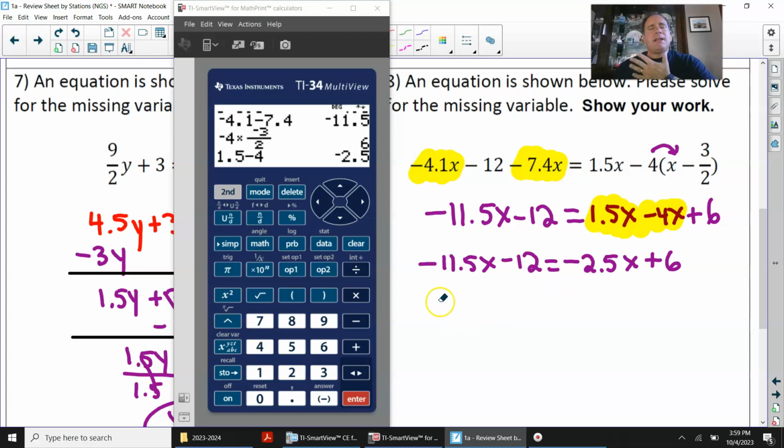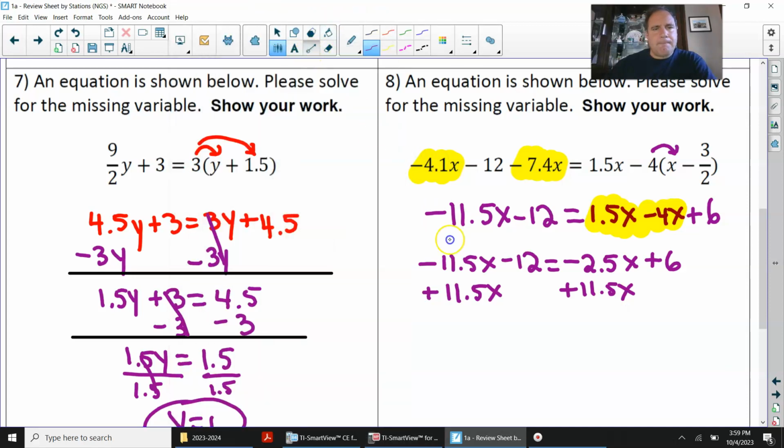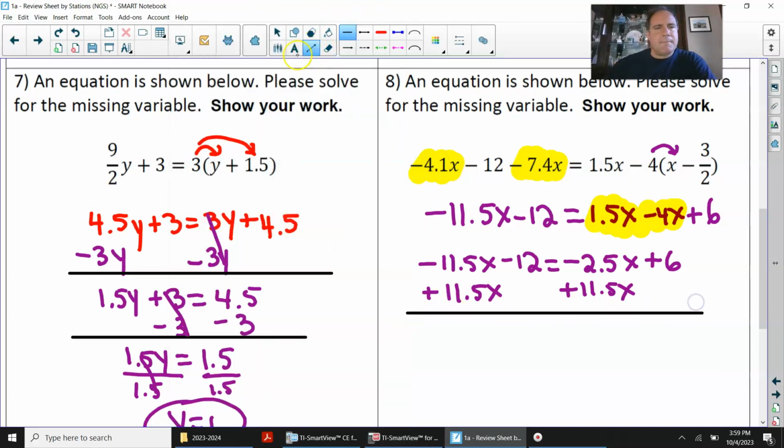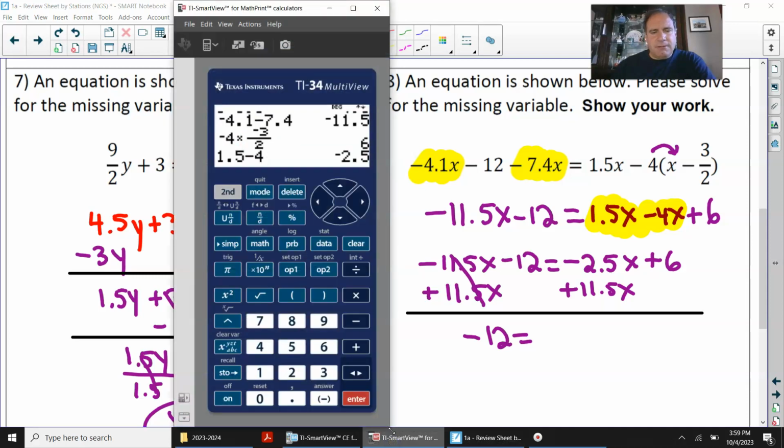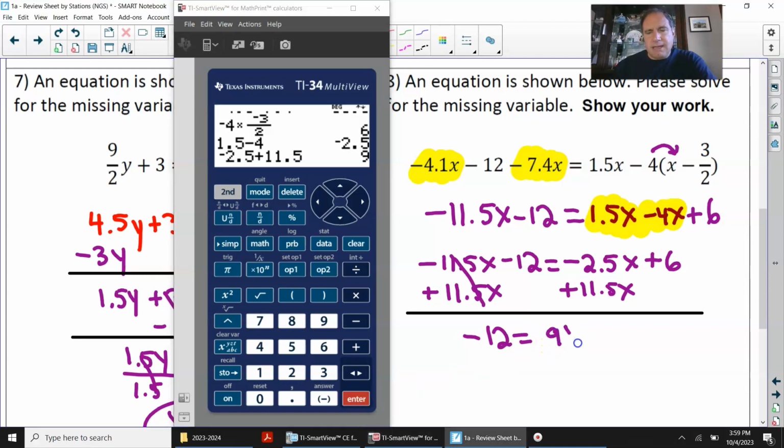At this point, I want to get the x's together, so I'm going to add 11.5x. Negative 12 equals, and then I'm going to grab my calculator, negative 2.5 plus 11.5. And that is 9. And that's great.